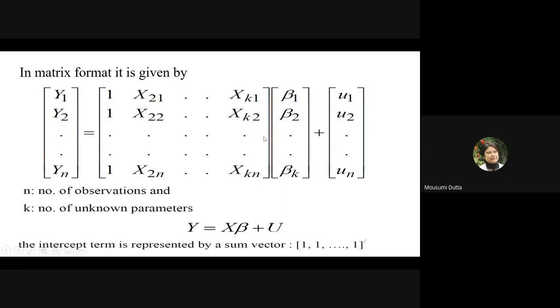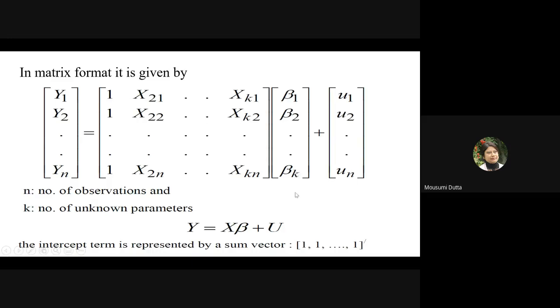Now, what will be the order of this X matrix? What is the number of rows? N is the number of rows, the number of equations, and what is the number of columns? K. So the order of this matrix will be n by k.